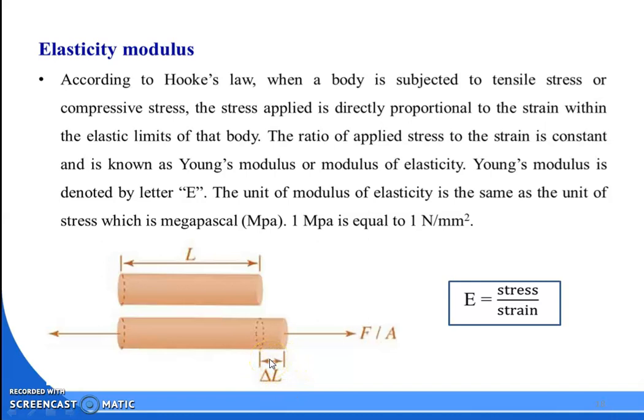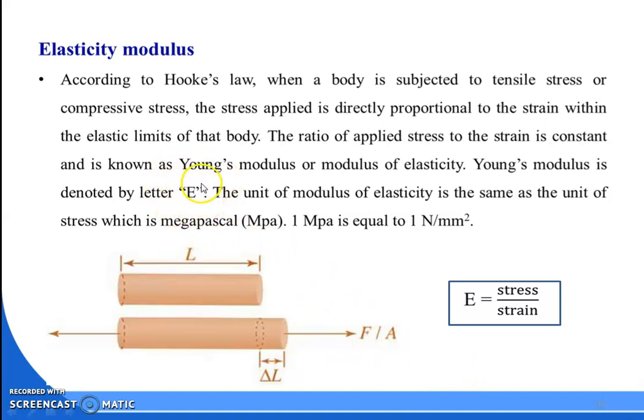So what will be the value of capital E, that means Young's modulus? As I told you before, stress is directly proportional to strain. When you equate a proportionality, you have to give a constant value to that term, so capital E is generated from that constant.